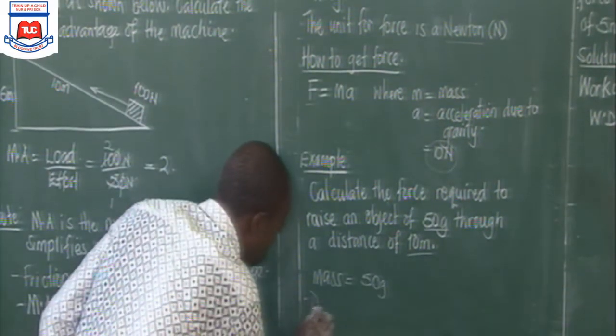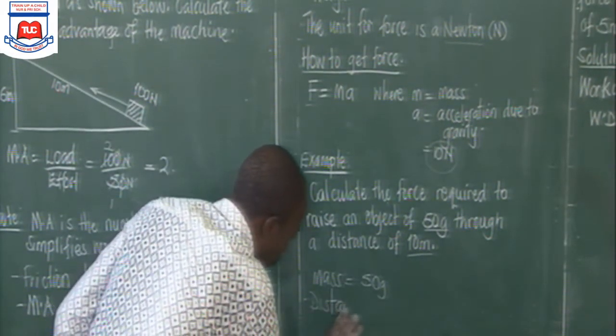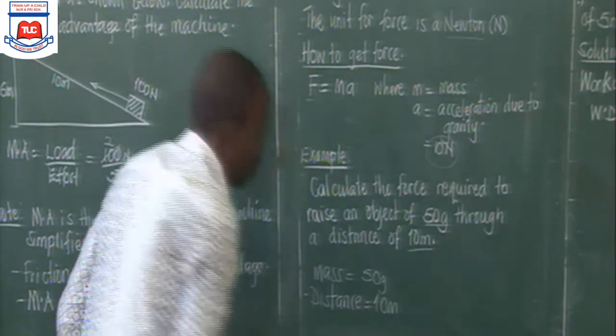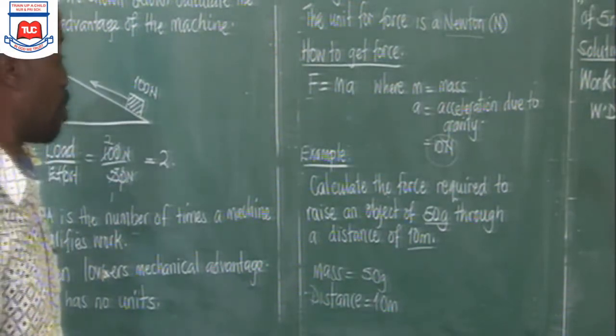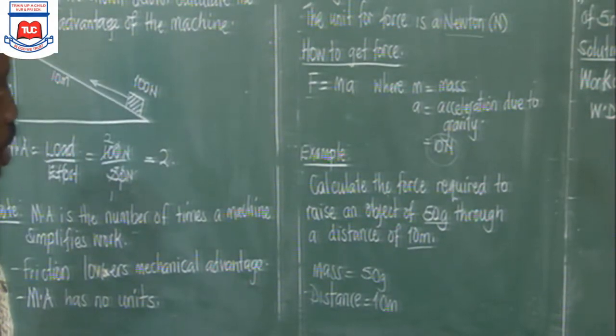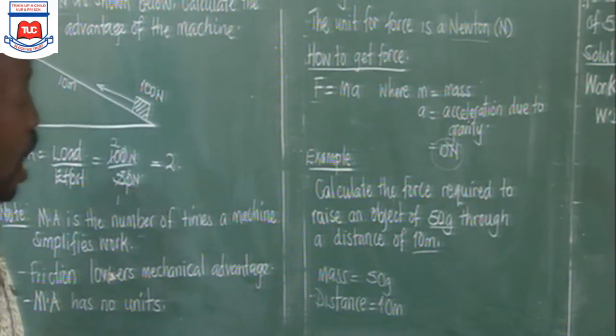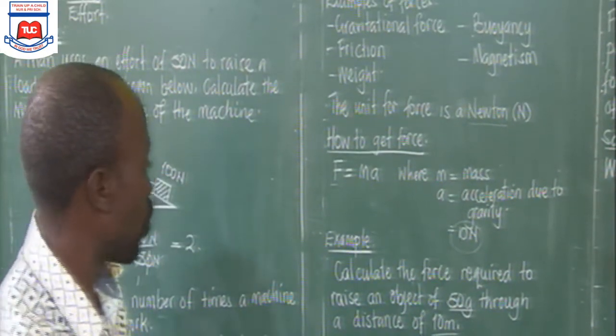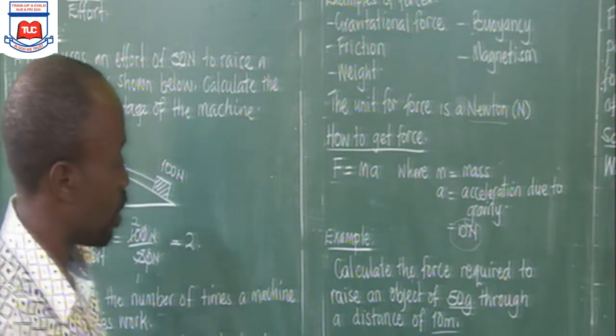Distance in this case is equal to 10 meters. Okay? Now, let's go back to our formula and see whether we can substitute this in order to get the force required as the examiner is stating.